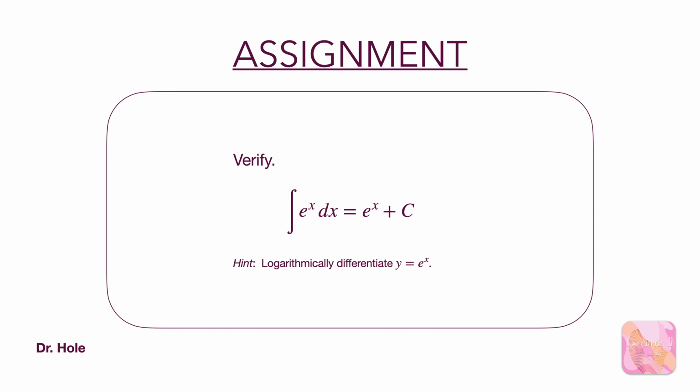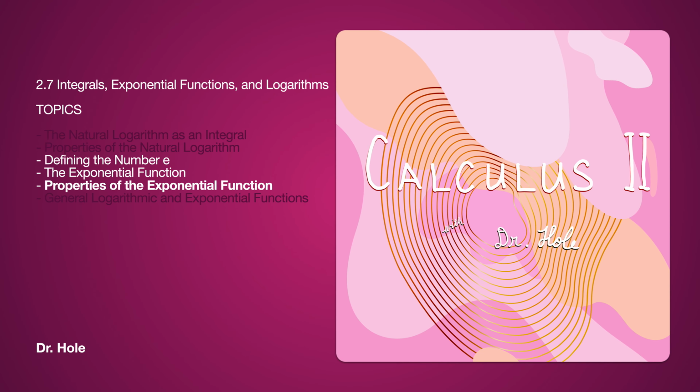You want to observe that e to the x has derivative e to the x, and then appeal to the definition of an antiderivative.